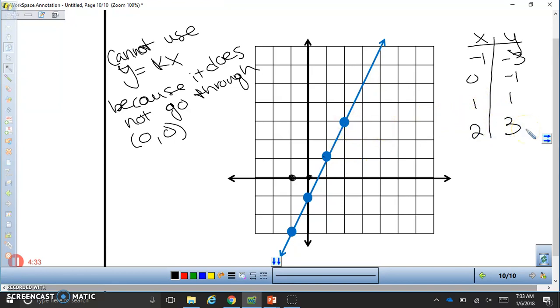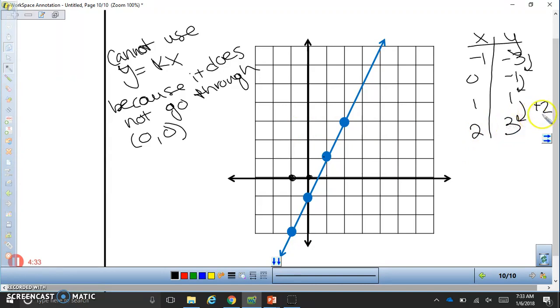So what is our pattern going on here? We know that we're going up by 2, up by 2, up by 2. 1 plus 2 is 3. That's not it. Guessing. What could we do to get 1 to go to 1, to get 2 to go to 3? 2 times 1 is 2, plus 1 is 3, plus 1?